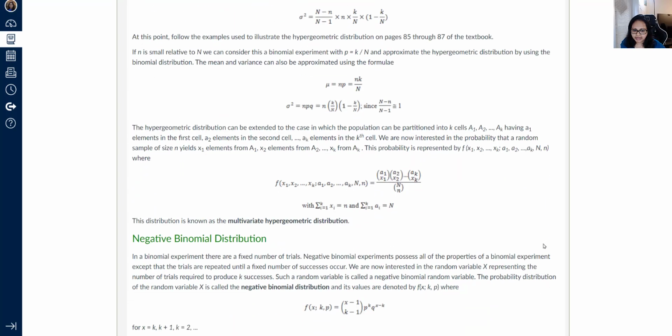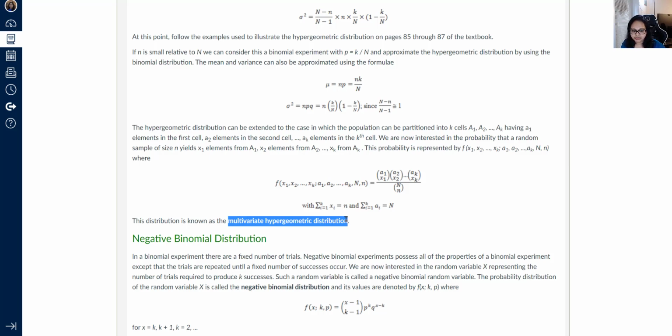Similarly, just like what we did before, we can generalize them into the hypergeometric distribution. When we generalize them, that means we have partitioned the outcomes, the numbers of successes we are getting.